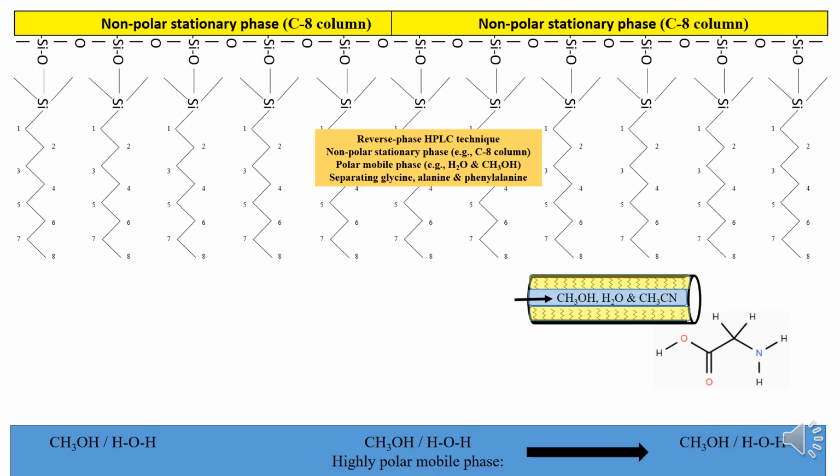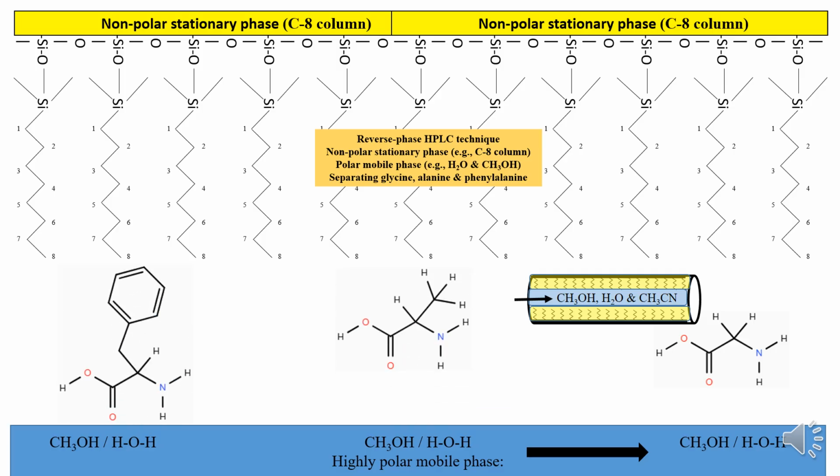Now the three amino acid molecules glycine, alanine and phenylalanine travel at varying speeds, and the distance traveled by these molecules of varying polarity depends on their relative affinity towards the non-polar stationary phase and the polar mobile phase.